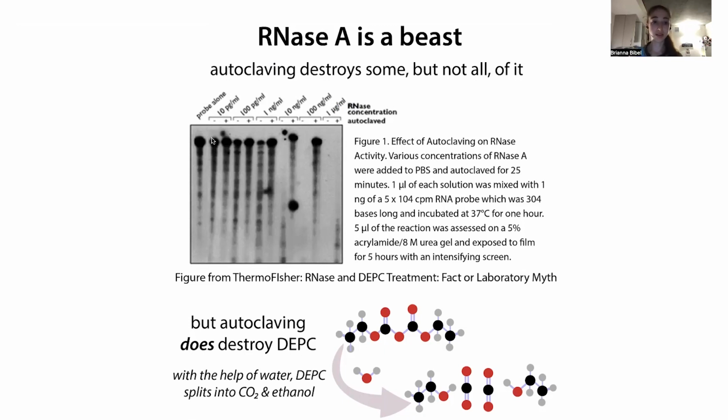The basic idea is that if you add this RNase, autoclaving can't completely kill it, it can only reduce it a little. What you can see is that with a lot of RNases, you're going to get a lot of degradation. So you see these small products underneath that main thing of interest. Even if you start with a relatively pure product, you're going to see all of these smears and smaller products beneath it.